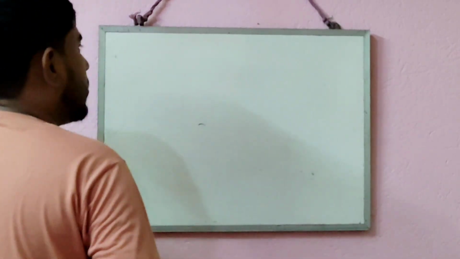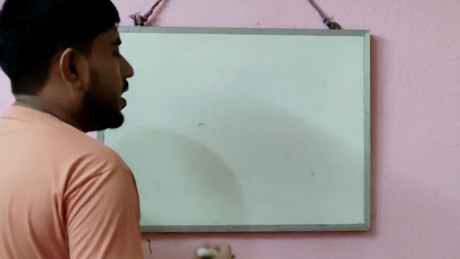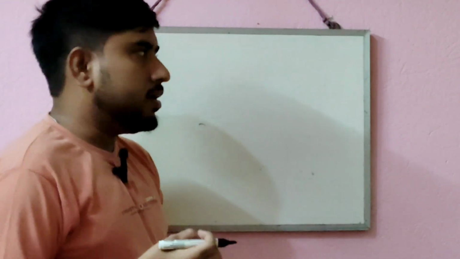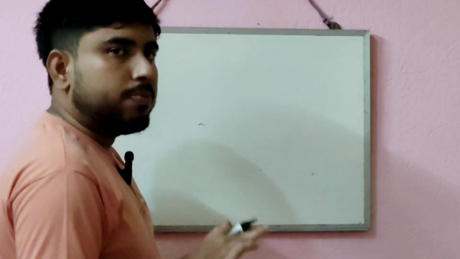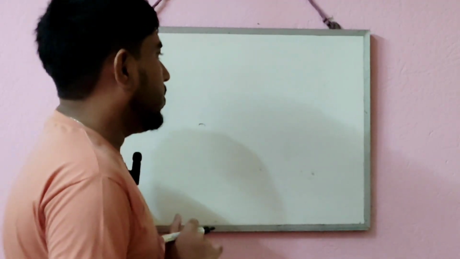So whenever you see all the symptoms that I've already discussed in that slide in a particular person, you can guess or tell that the person may be affected by myasthenia gravis.